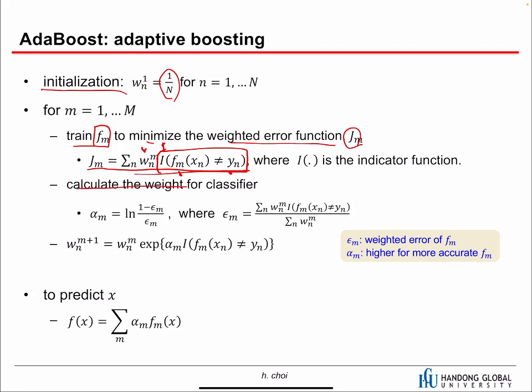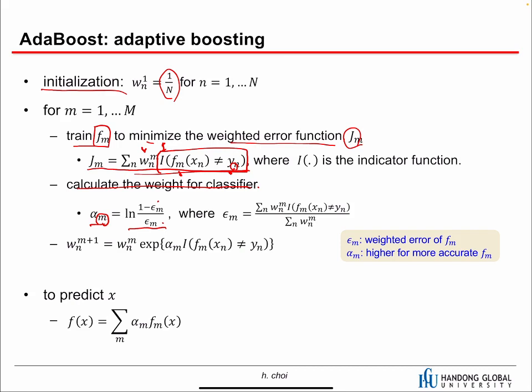And then we calculate the weight for the classifier. This one is about the classifier, so m is about the model, and n is about the samples. Look at these equations. If the error is high, then alpha is small. If the error is low, which means the classifier is good, then alpha is high.